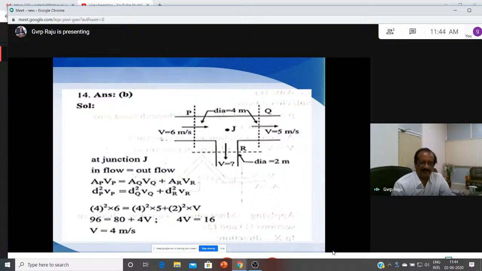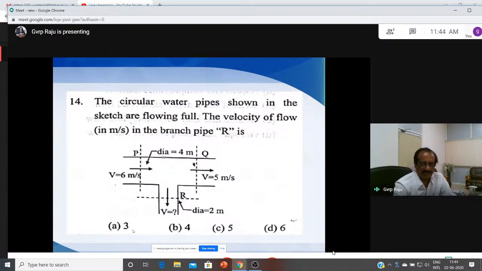So dp square, the diameter is given as 4 square, and the velocity of the pipe here at point P is 6; dq, the diameter is also the same, 4 square, and the velocity here is 5; plus 2 square, the diameter is 2 here, into B, the velocity which is not known. So you have all the values here: this is 90, this is 80, plus 4B, 4B is 16, and B is equal to 4 meters per second. So the answer is B.